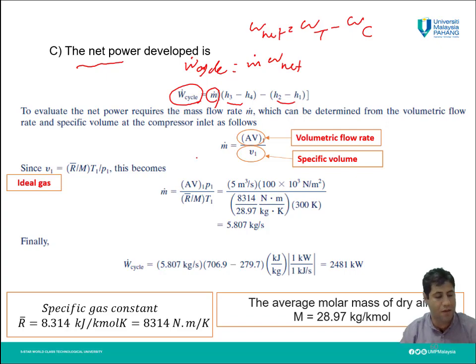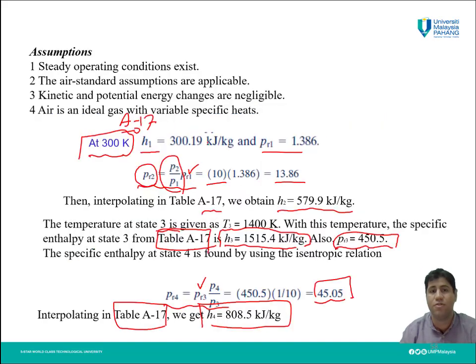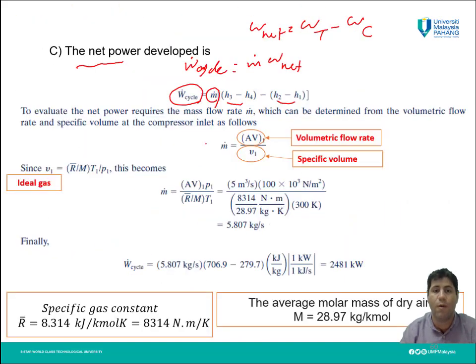But what is given to us is not the mass flow rate. It is the volumetric flow rate, which is 5 meter cubed per second. So we don't have the mass flow rate; we have the volumetric flow rate. How can we find the mass flow rate from the volumetric flow rate?